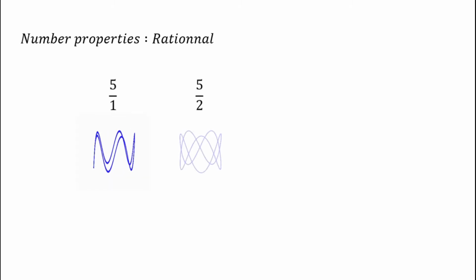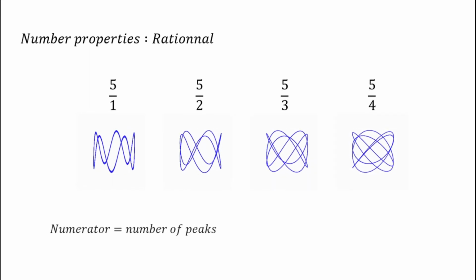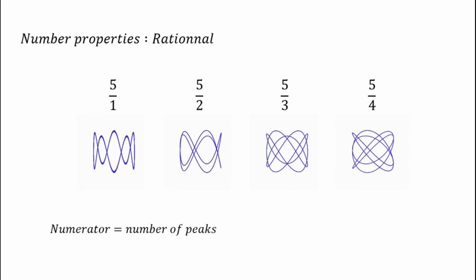Okay, that was pretty easy. Now what about fractions? Here are ratios with numerator 5 and an increasing denominator. The numerator is related to the number of peaks, it is still the case here, but what about the denominator? This one is not trivial.